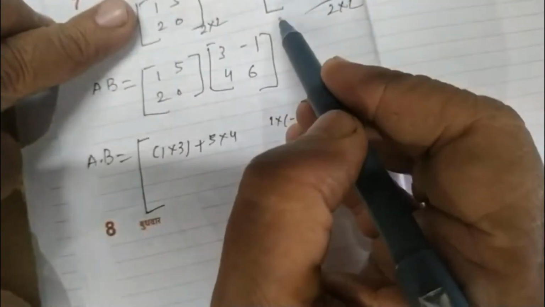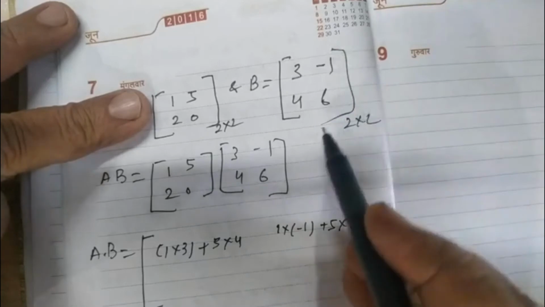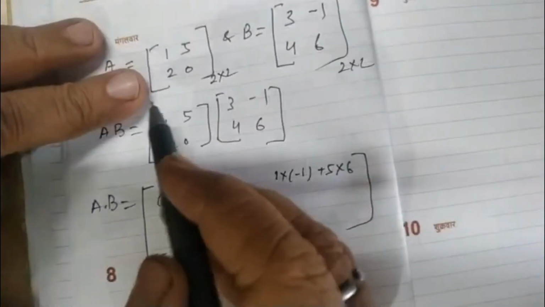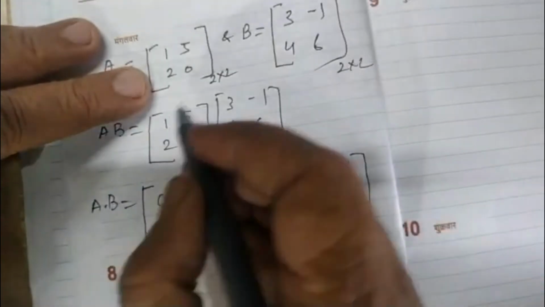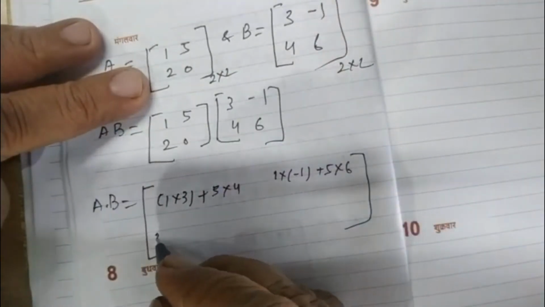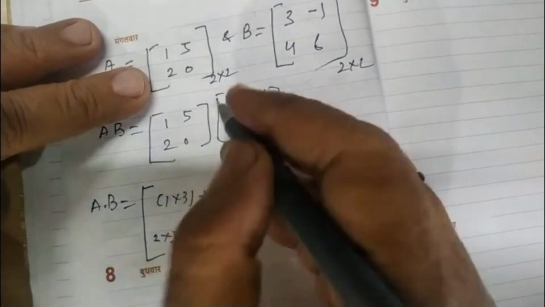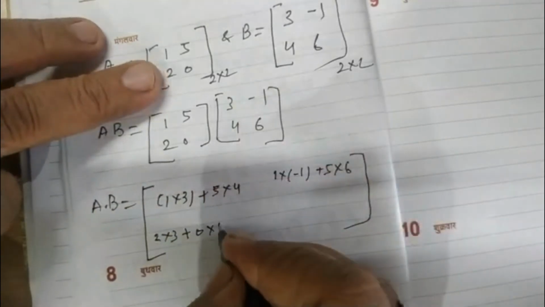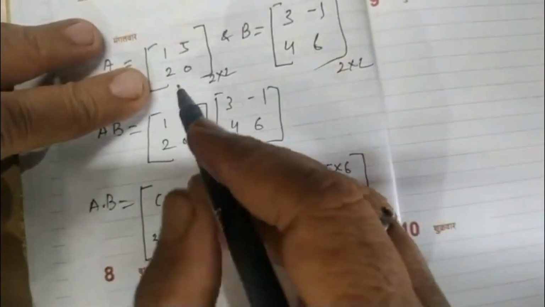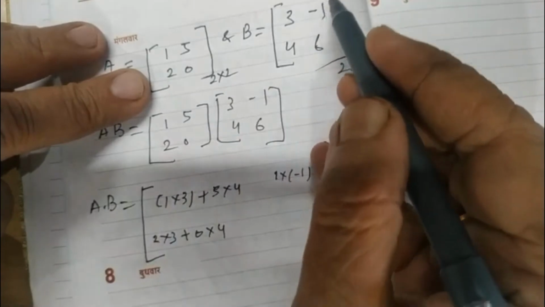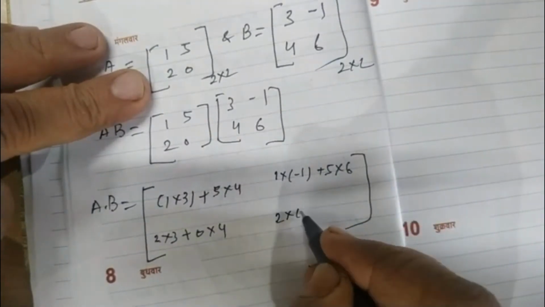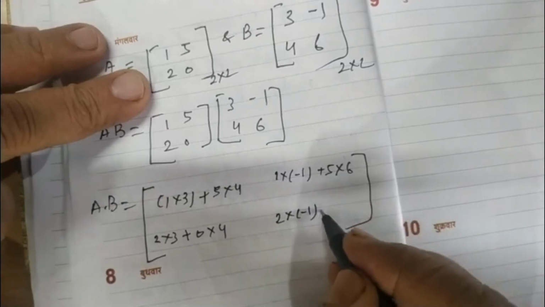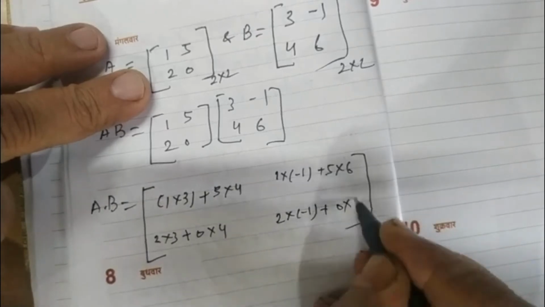First row is multiplied by C1 and first row again multiplied by C2. After that we have taken R2, second row. Second row multiplied by C1. 2 into 3 plus 0 into 4. Now second row with second column, we will do 2 into minus 1 plus 0 into 6.